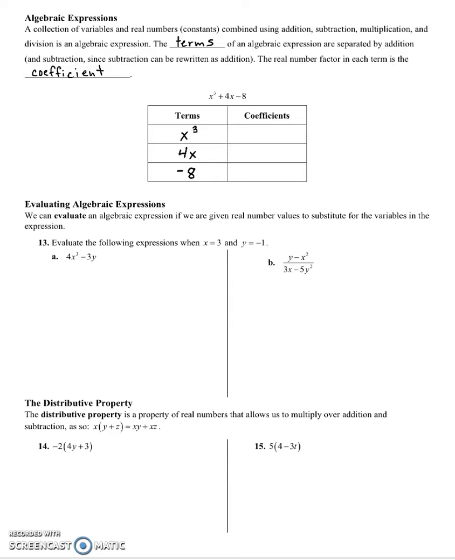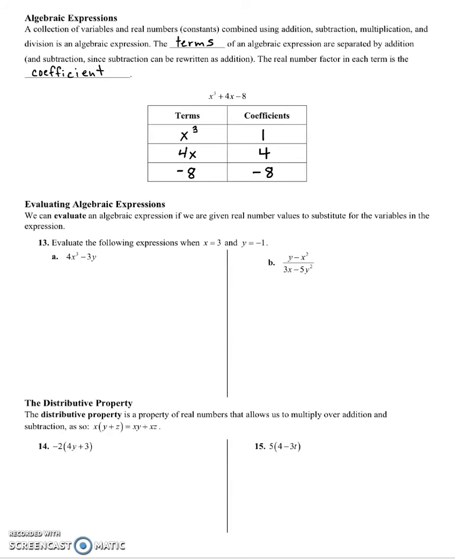The coefficients: the x cubed doesn't have anything written in front of it. That means there's a 1 there that we just don't write. The 4x, the 4 and the x are both factors, so the coefficient is the number factor, which is the 4. And the coefficient on the negative 8 is just the negative 8.